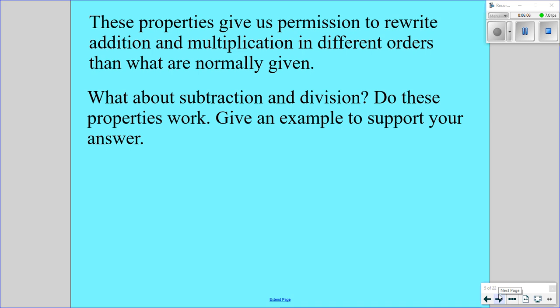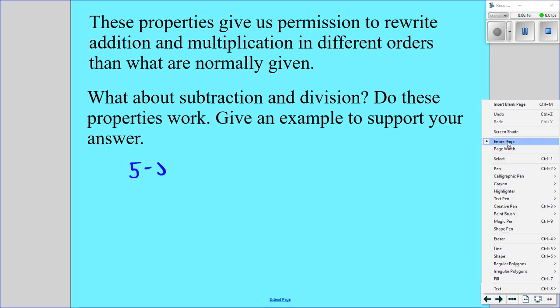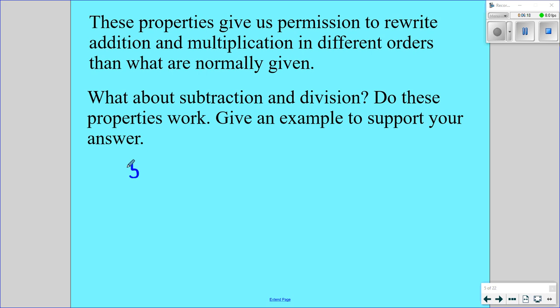Right, so for me, I'm just going to give an example for subtraction. If I did 5 minus 3, it would give me 2.